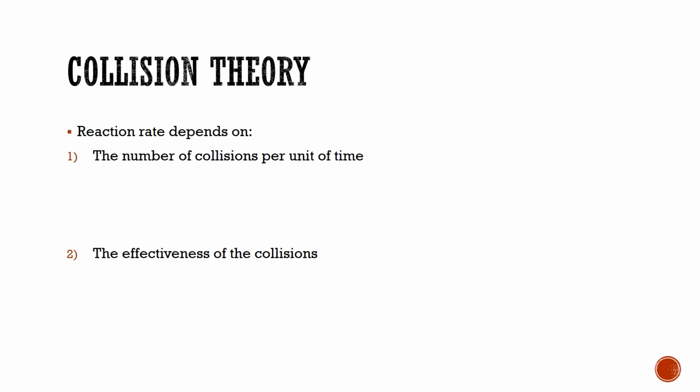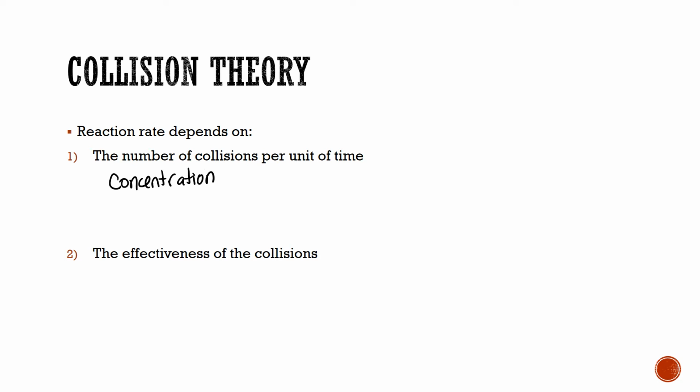So we've talked about the effectiveness of the collision and the number of collisions per unit time. This isn't really new, it's just putting it into new words. So when we talk about collision theory, the reaction rate depends on those two things, the number of collisions per unit time. And the number of collisions per unit time is going to depend on the concentration.